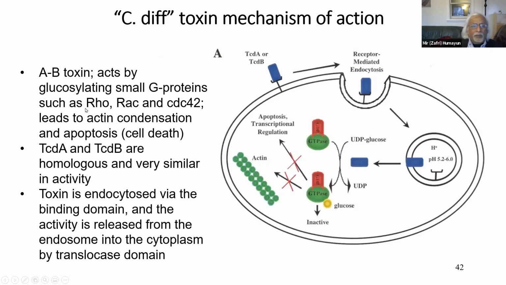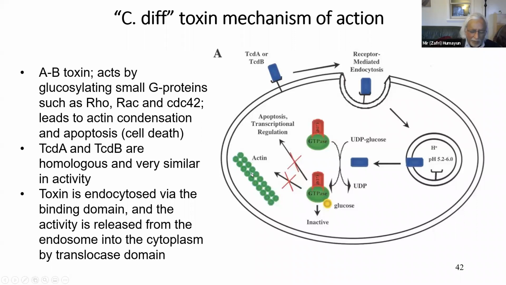The C. diff toxin is an AB toxin. It acts by glucosylating small G proteins belonging to the Rho family. Okay? When they glucosylate Rho family GTPases, G proteins, the immediate result is actin condensation.